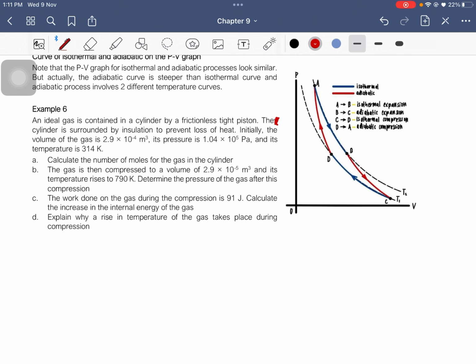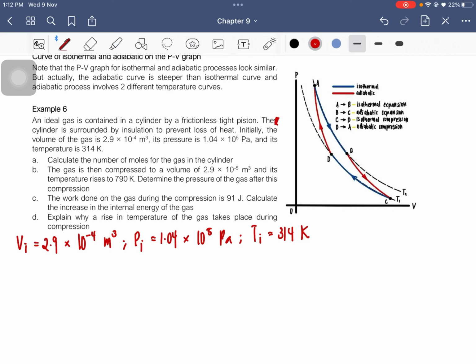Initially, the volume of the gas is 2.9 times 10 negative 4 cubic meter, and the pressure is 1.04 times 10 to the power 5 Pascal, and its temperature is 314 Kelvin. So we have to calculate the number of moles for the gas in the cylinder.